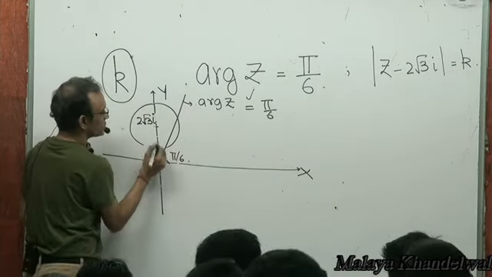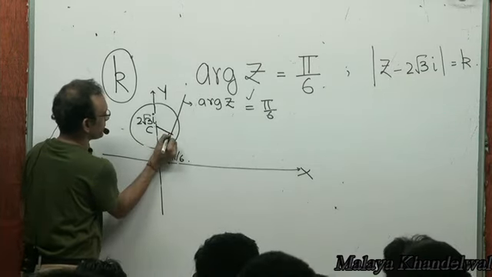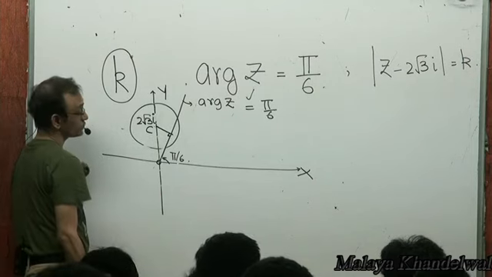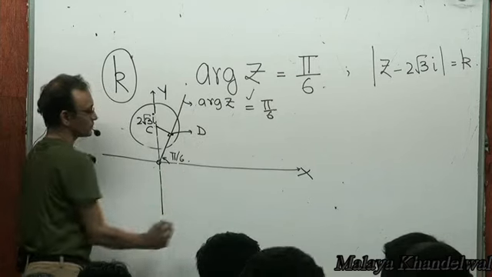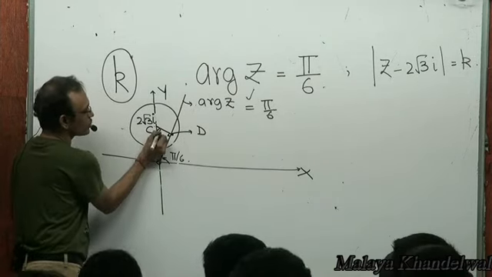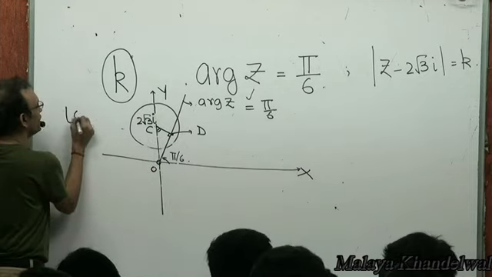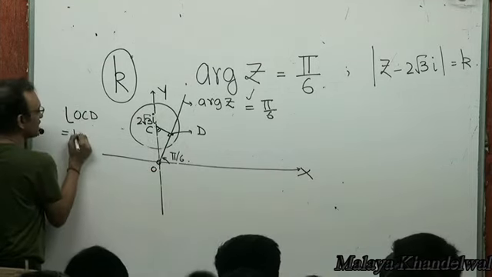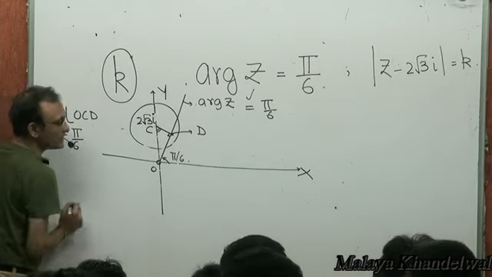Now, what I do is drop a perpendicular from the center C of this circle. Say this point is D. This is pi by 6, so this angle OCD would also be pi by 6, yes or no? Right, this is 90 degrees.